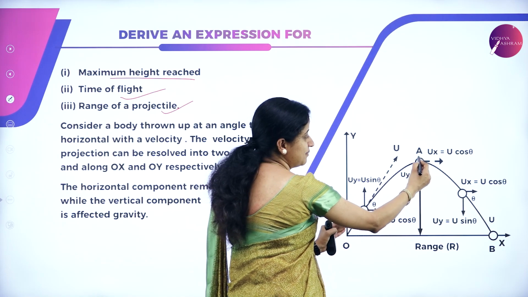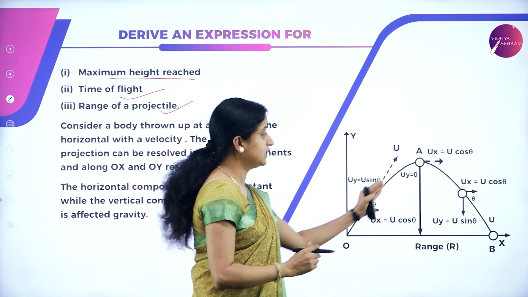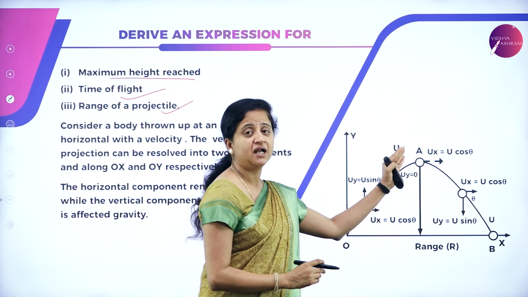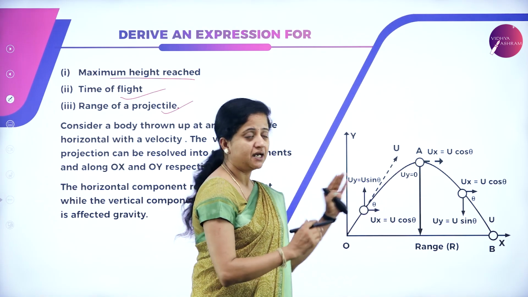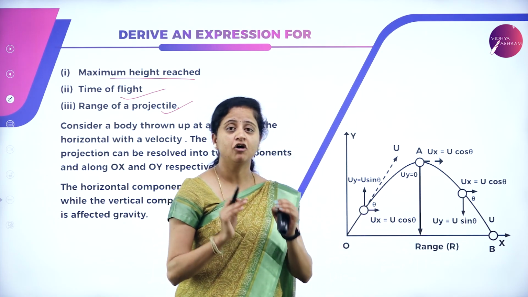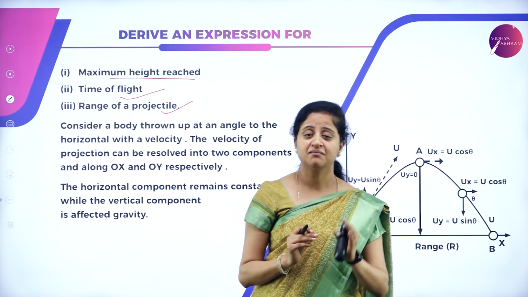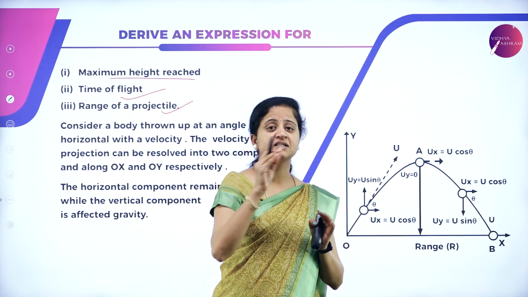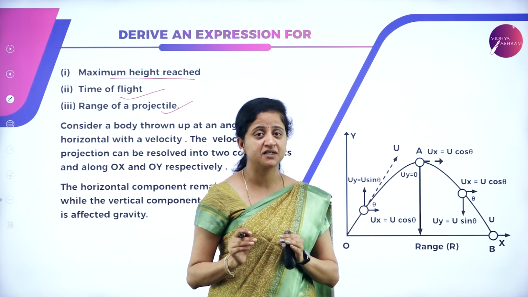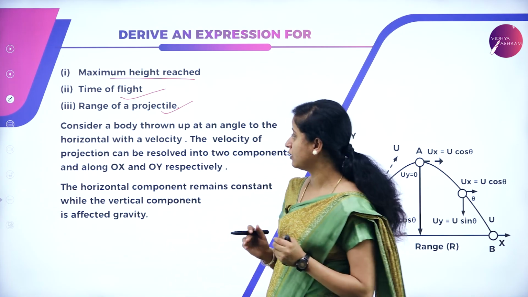This is the maximum height reached by the object, the maximum vertical distance attained. The horizontal distance travelled during the projectile motion is the range, and the time required by the object to reach the ground again after it is projected is the time of flight. Let us now derive the expressions for all these.